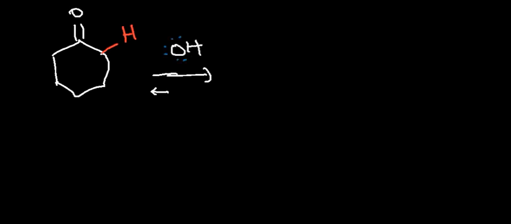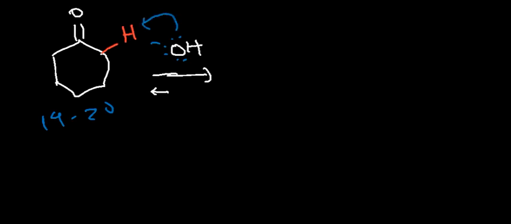Hydroxide is a strong base, but it's not that strong relative to the acidity of this hydrogen. The pKa of a typical alpha hydrogen on a ketone, if I remember this correctly, I believe is somewhere between 19 and 20. You can look it up.